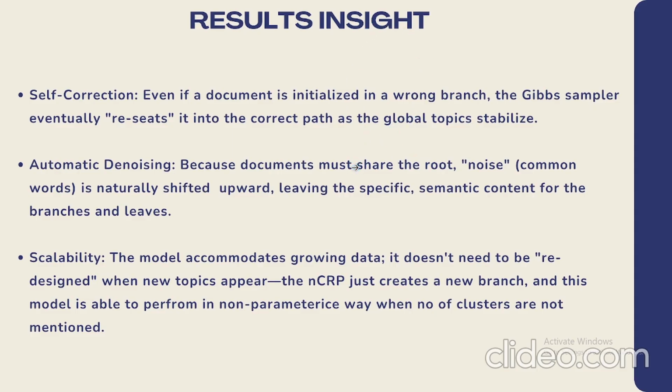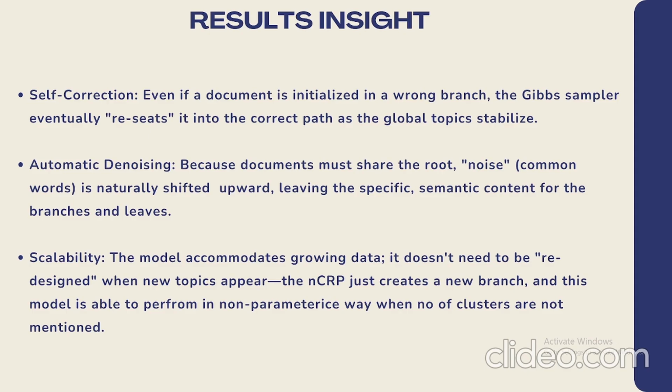In the result insights, we can see that even if a document is initialized in a wrong branch, as we saw previously with overlapping horizontal and vertical rows, we were getting accurate hierarchical mapping.